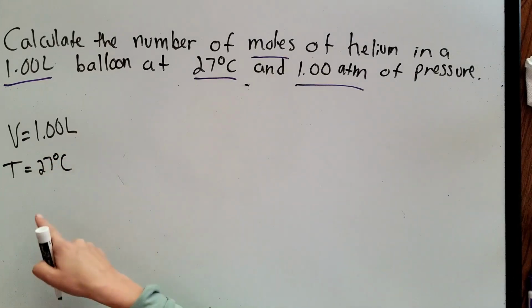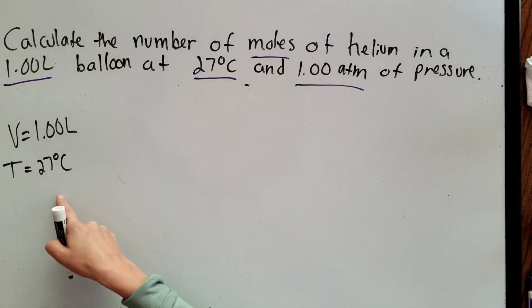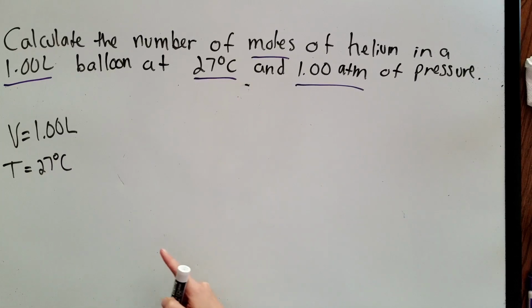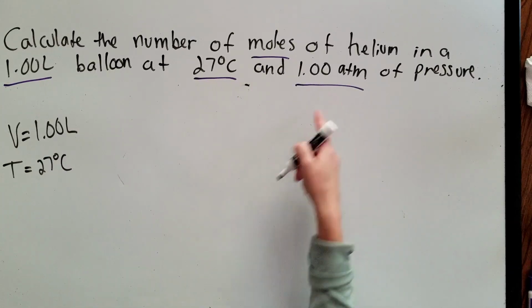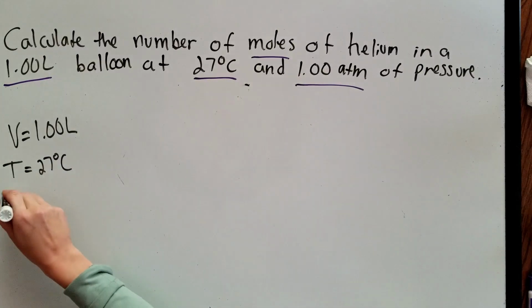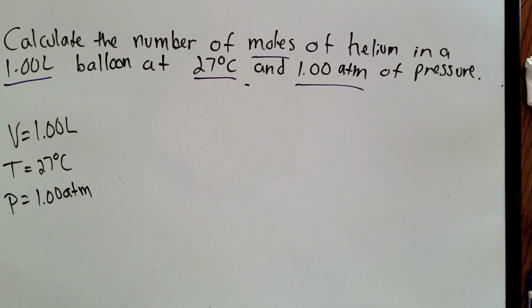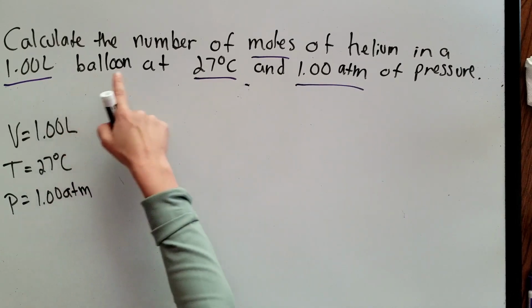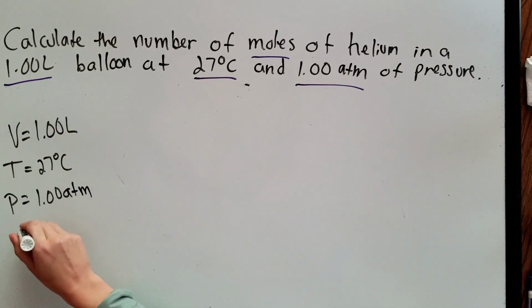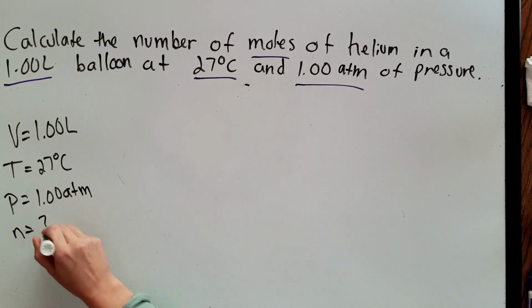Take note, it's in Celsius, so I'm going to need to convert that before I put it in any of my equations. Okay. And then last but not least, we have 1 atm. That is a pressure. And what is it asking us to solve for? Calculate the number of moles. So it's asking us to solve for n.